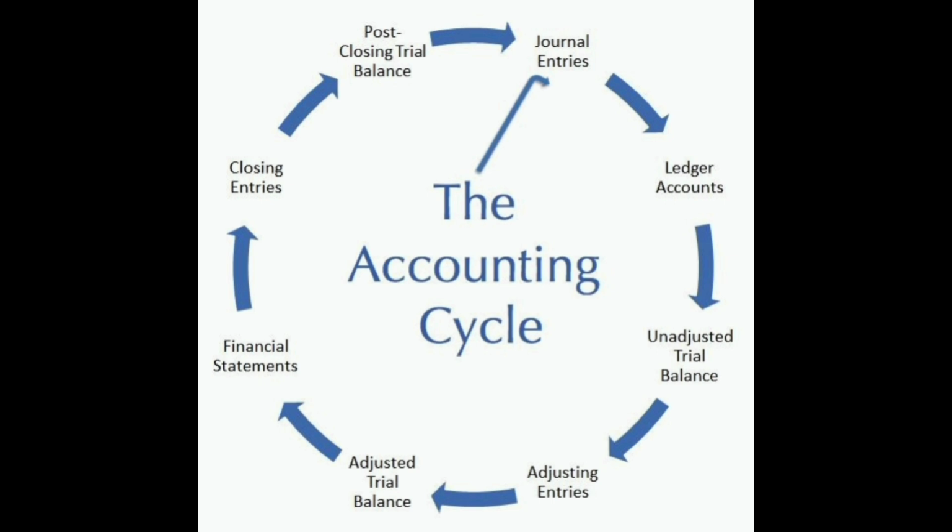Once they're identified, then we record them in journal. Once those are recorded in journal, then we post them in ledger. After that, we summarize them in the trial balance. If the trial balance does not tally, we pass some adjusting entries. After that, we prepare the adjusted trial balance, and finally we make the financial statements. Once everything is done, we then close the accounts.